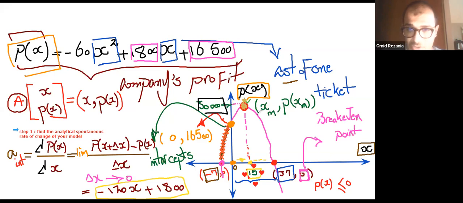Then you start to lose your money, lose your money, lose your money. You go here, and if you do not do anything, you become poor. You get broke. You see that? Now this point that we said is the maximum point serves as a point that we call the maximum point.